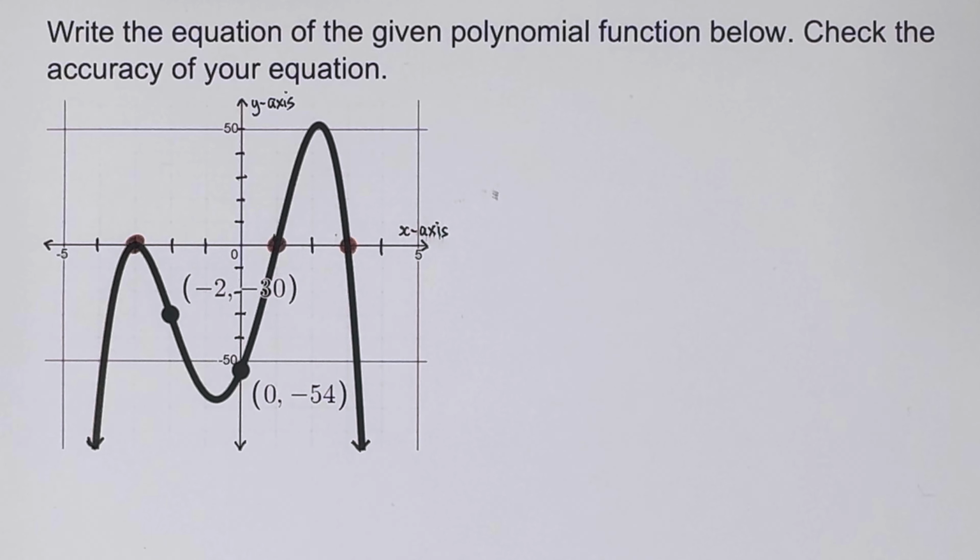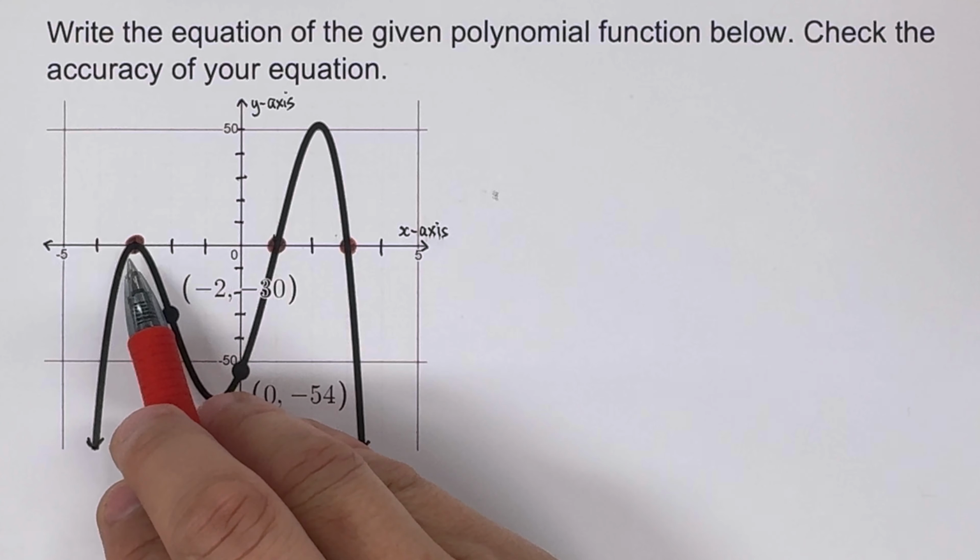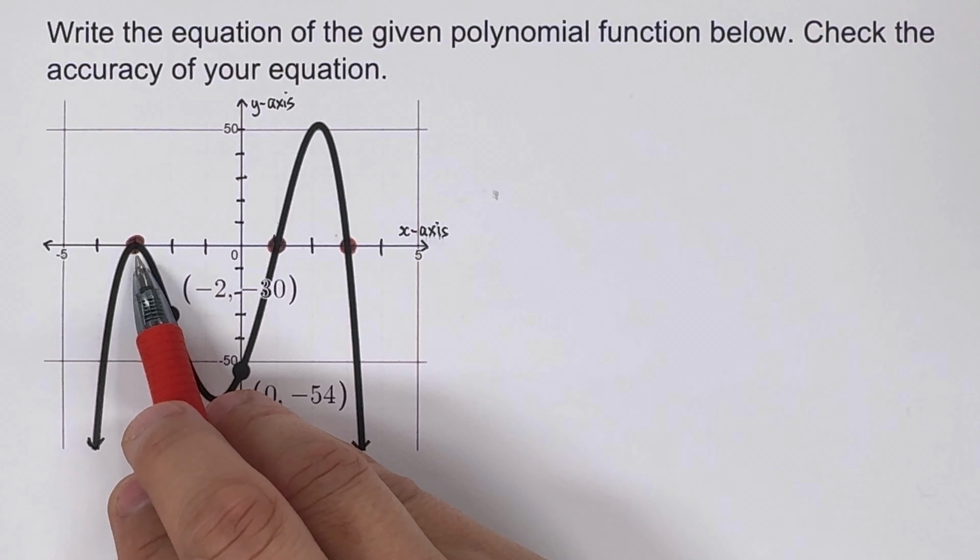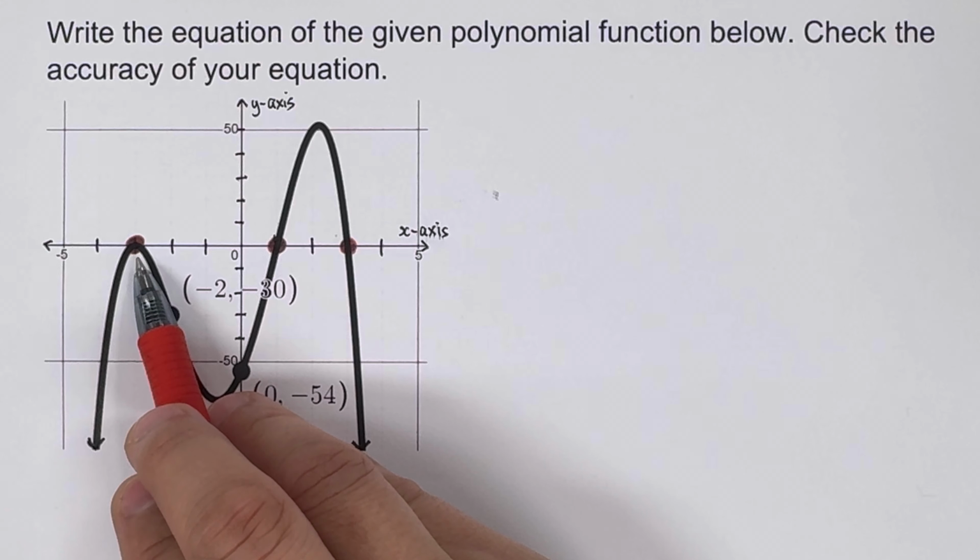Now if you look at the graph, of the three roots that we have here, the graph bounces off at this point here. Please remember that if a graph touches and bounces off at a given root, the multiplicity on that point is even.